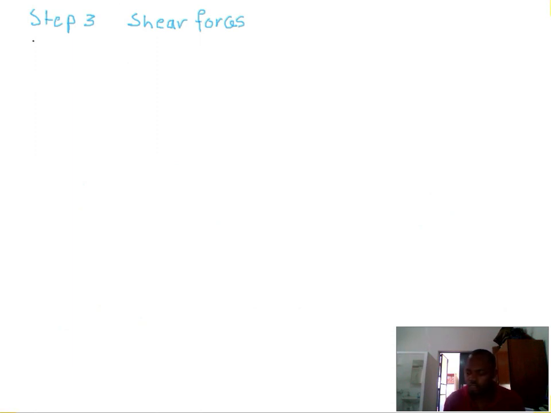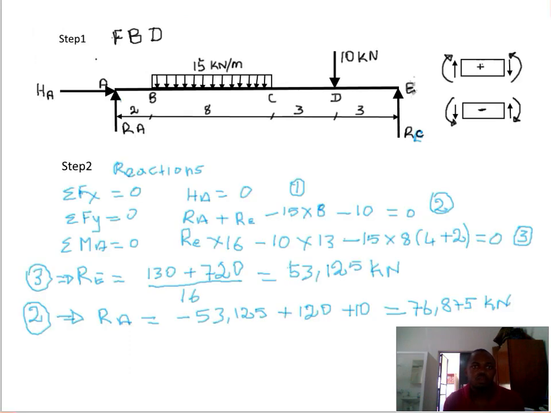So at A, the shear force left of A is equal to 0. There is no force here, so it will be equal to 0.